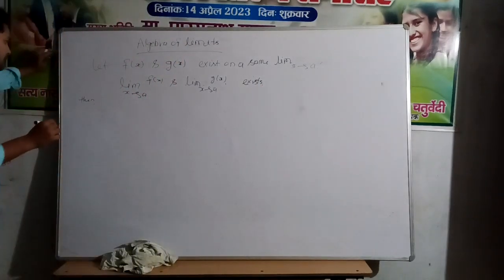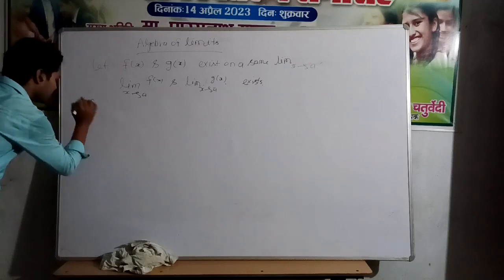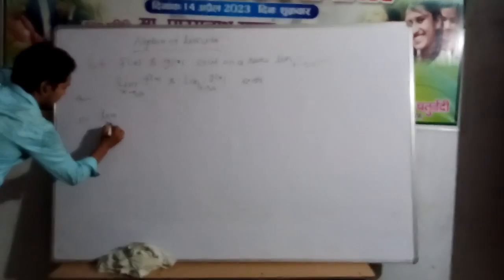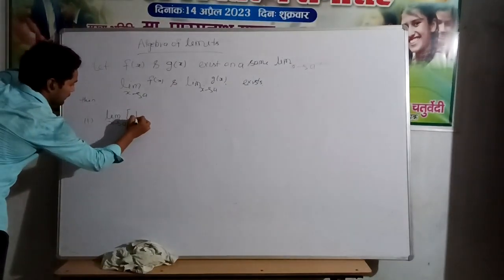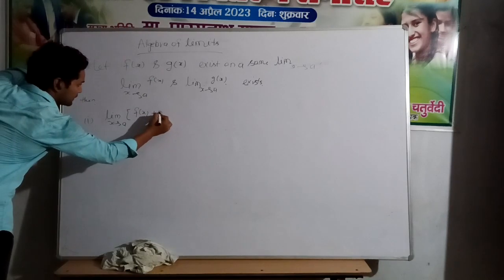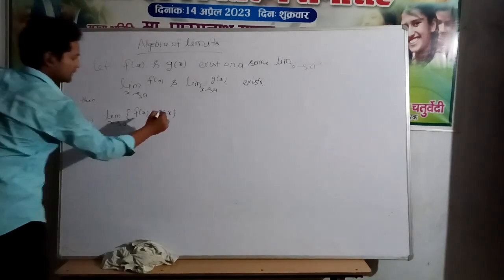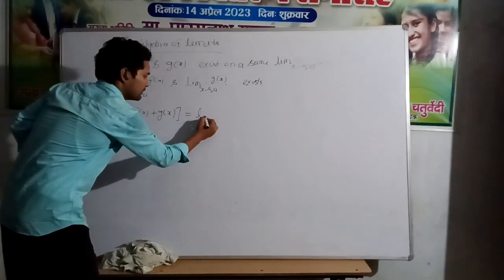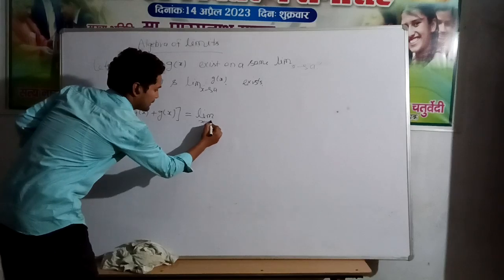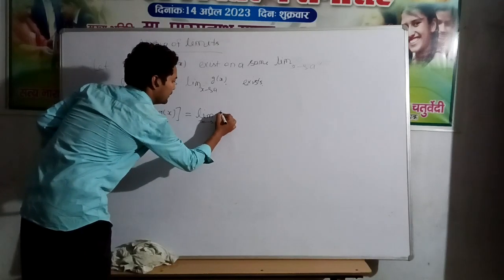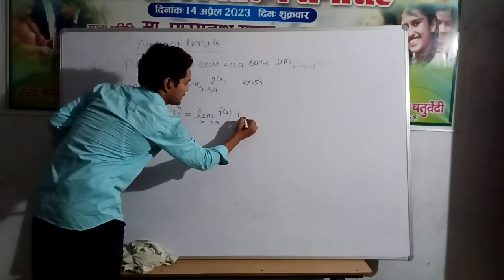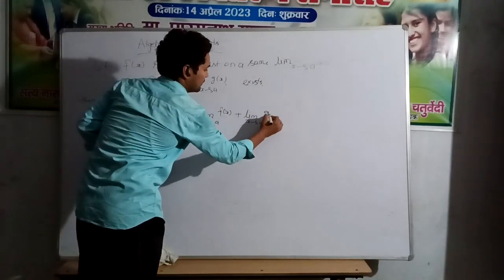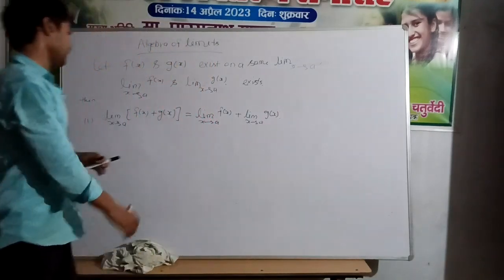Then, first point: the limit x tends to a of f(x) plus g(x) is equal to the limit x tending to a of f(x) plus the limit x tending to a of g(x).